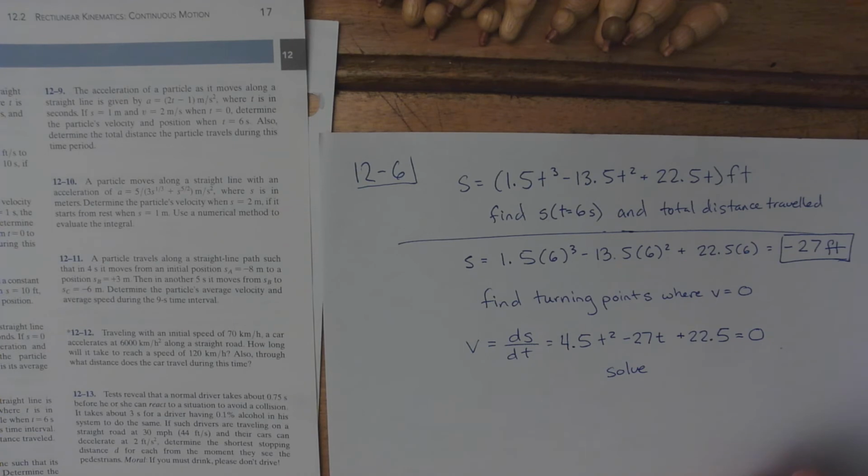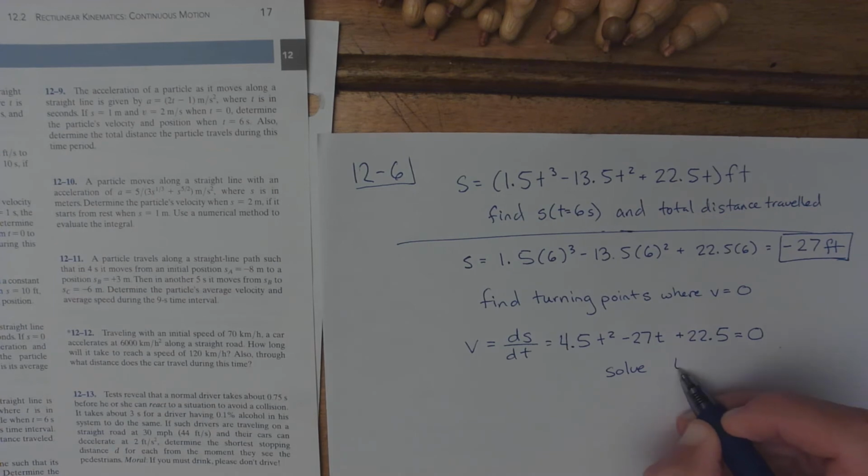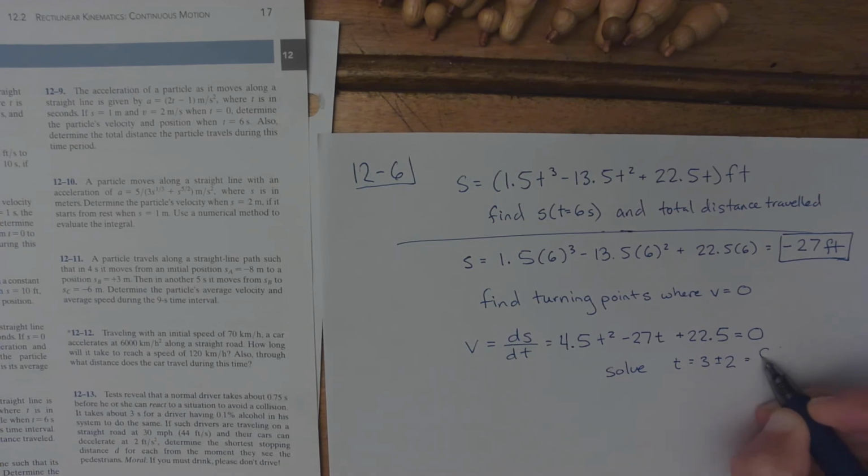You can solve it on your own. And when you do, you should get, for the solutions, which you can get using the quadratic equation, t is equal to 3 plus or minus 2, which means either 1 second or 5 seconds.